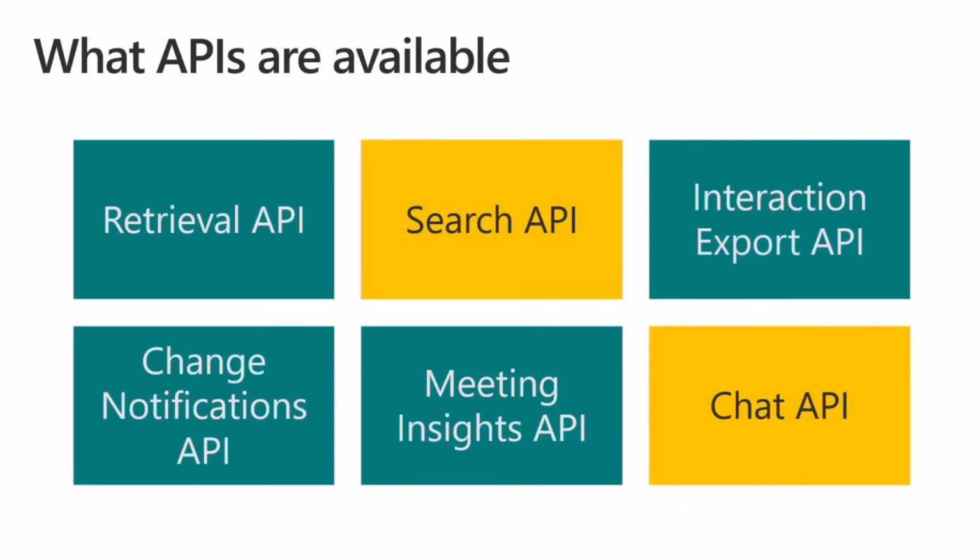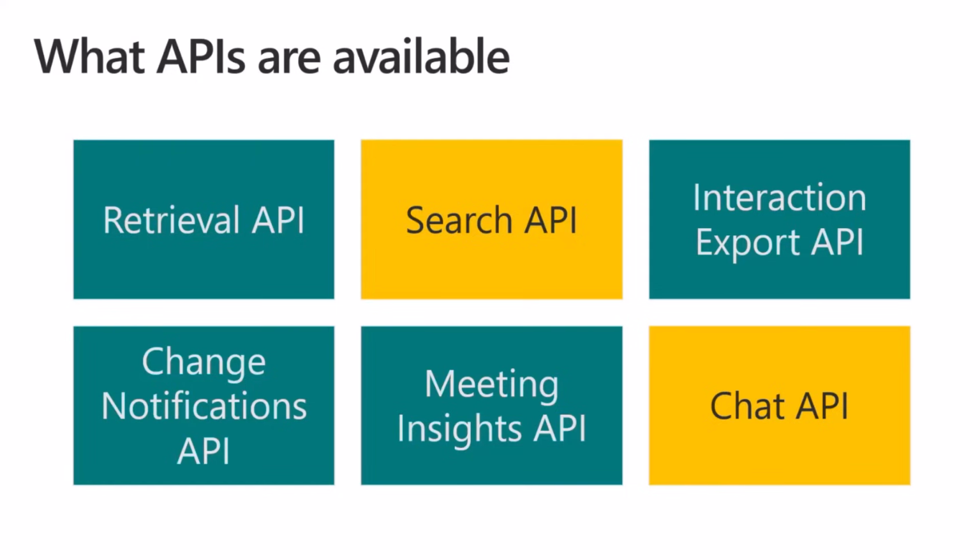What are the APIs available through the Copilot APIs? This is the set of APIs that are available right now. And the search API and the chat API are those that I will focus on today in this demo. The search API allows you to, as the name implies, rely on the natural language syntax to make a search query across the content you have in the target Microsoft 365 tenant using the Copilot engine to search for the content.